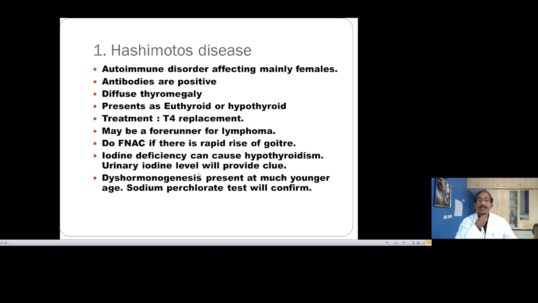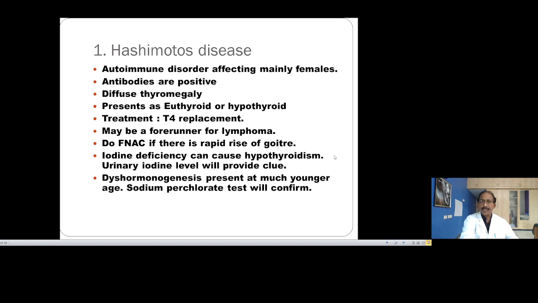Sometimes if there is a rapid swelling, be careful. There can be lymphoma coming up on the background of Hashimoto's. So do an FNAC if there is a rapid rise, not routinely for any diffuse goiter with a hypothyroid picture. You can make the diagnosis. You don't need FNAC to prove Hashimoto's. Antibodies are enough. But if there is a rapid rise of goiter, you have to do FNAC.